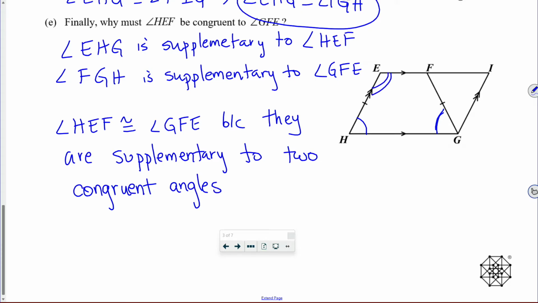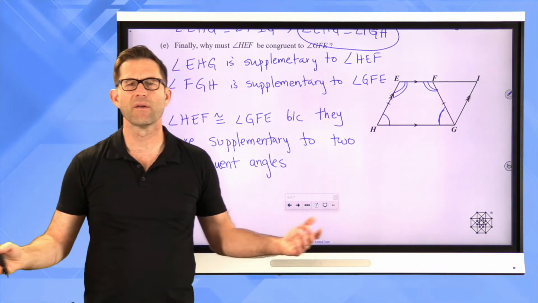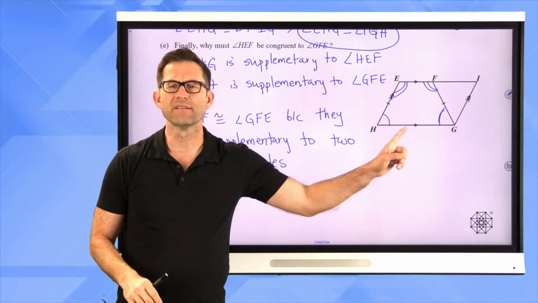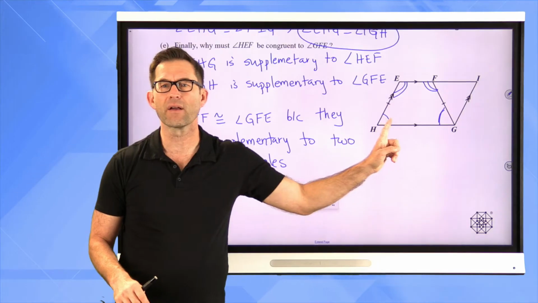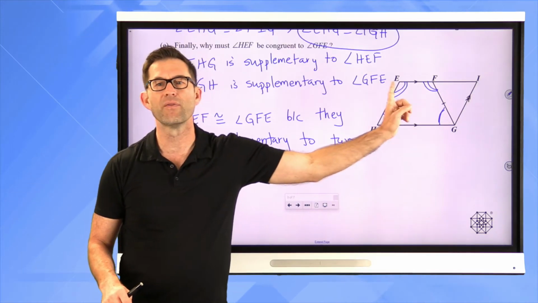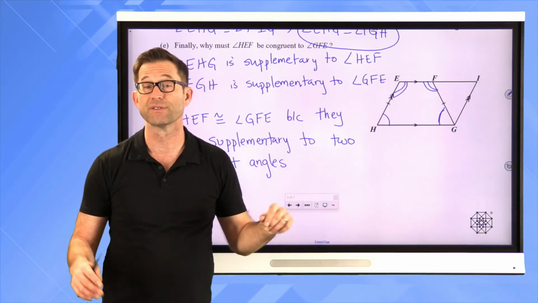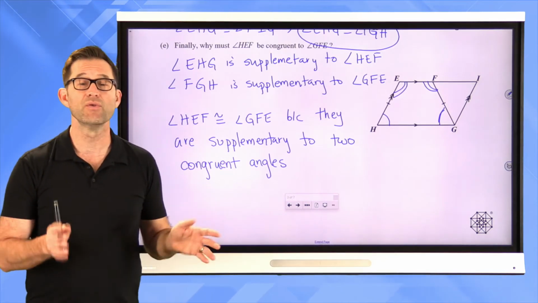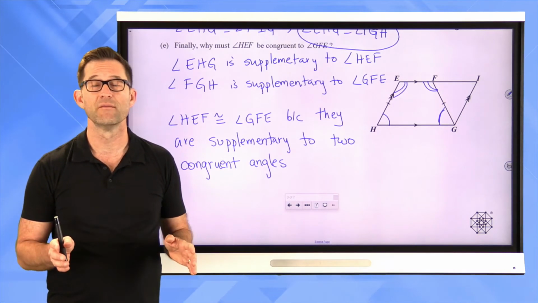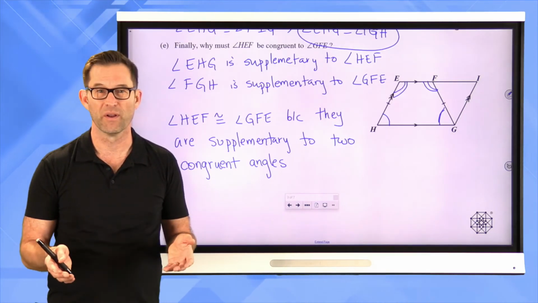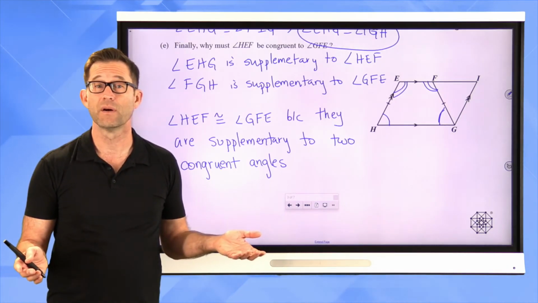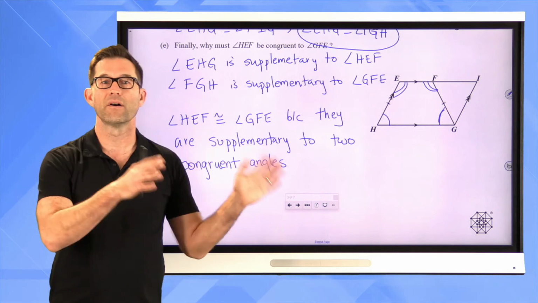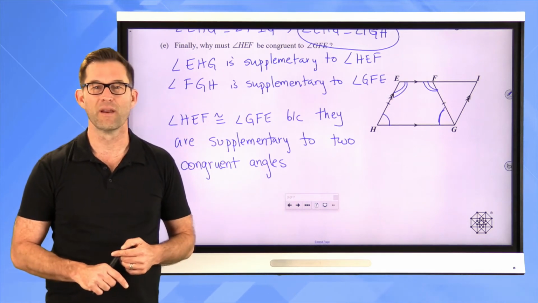So supplements of congruent angles must be congruent themselves. And that makes all the sense in the world, right? If that is let's say an 80-degree angle and that's an 80-degree angle, then both of those have to be 100-degree angles, and therefore they must be congruent to each other. Supplements to congruent angles must be themselves congruent. So do complements, all right? And we talked about that a long time ago, I think even in unit number 1.